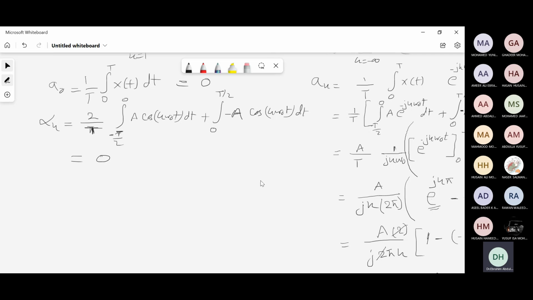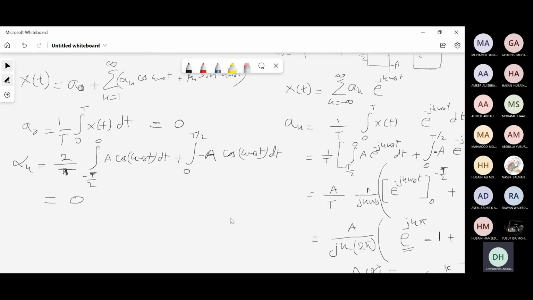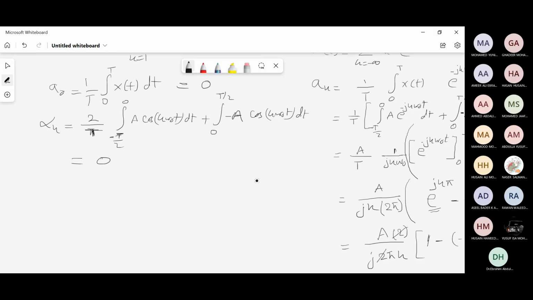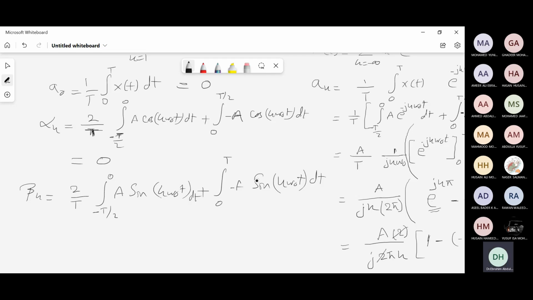Now, what about beta? Part number 3. So beta k, again, you can write it directly from here. It is equal to 2 over t, integration from minus t over 2 to 0 of a sine k omega naught t, plus integration of minus a sine k omega naught t dt from 0 to t over 2.